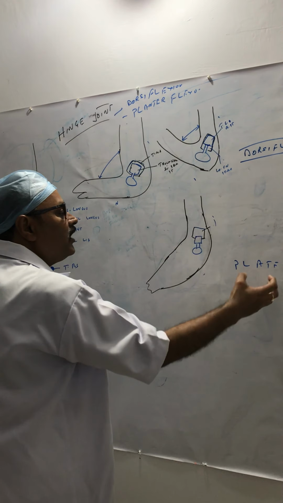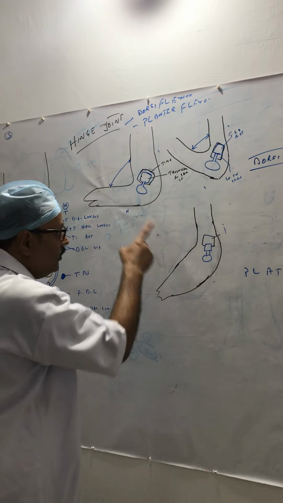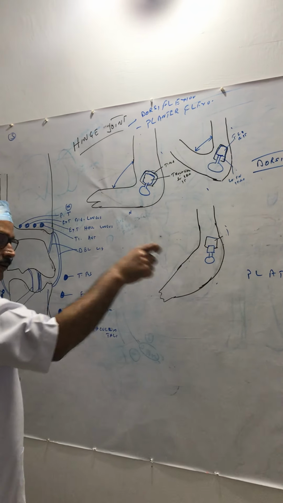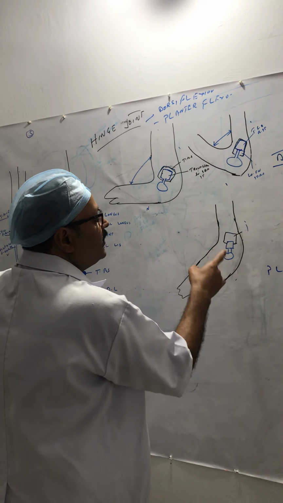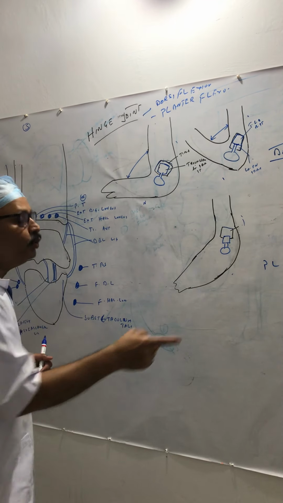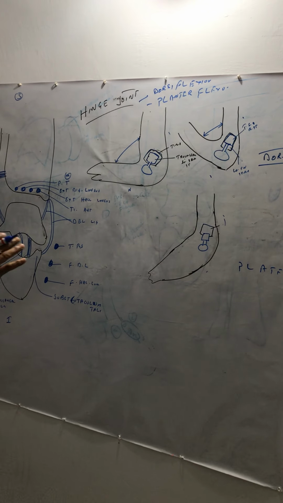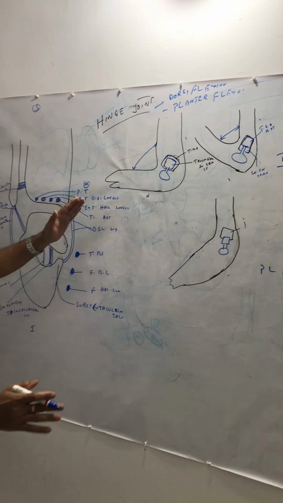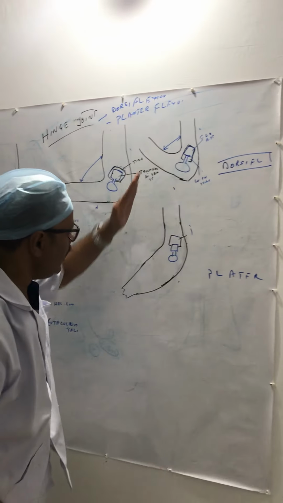In plantar flexion, this congruity diminishes even more than the normal condition, and more space is available at the lower end of the tibia. So there is a high chance of dislocation in this case. So a lady wearing a high shoe has a higher chance of dislocation than with a normal flat foot. Now the muscles which are responsible for producing dorsiflexion and plantar flexion.